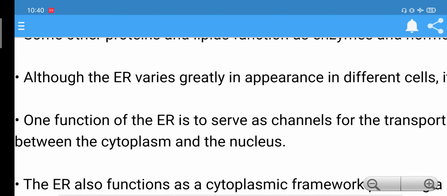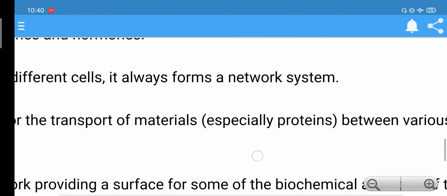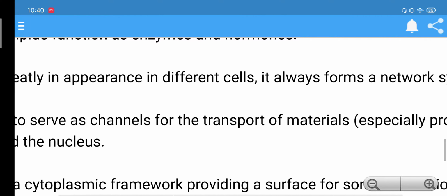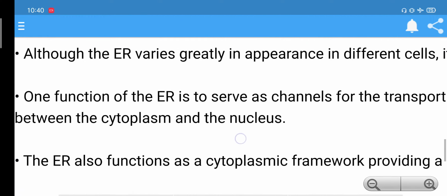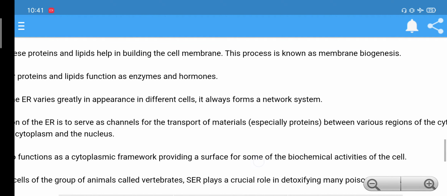One important function of the endoplasmic reticulum is that it serves as a channel for transport of materials, especially proteins, between various regions of the cytoplasm or between the cytoplasm and nucleus. It also forms the framework providing the surface for biochemical activities.